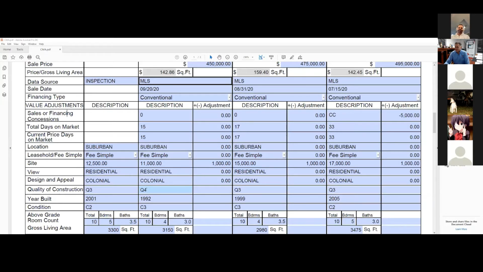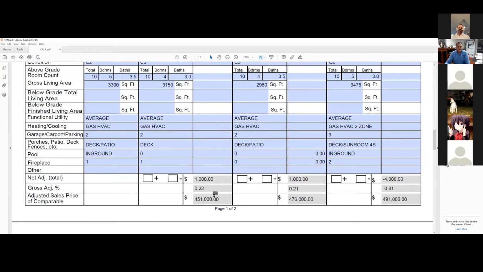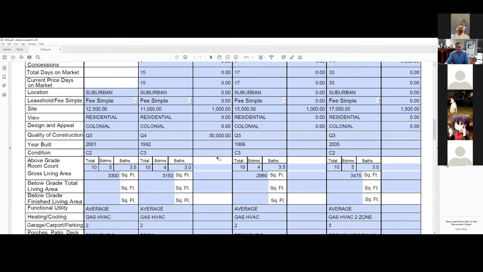So I'll use the middle range, which is 30. Now see the difference. For Q3 to Q4, when we put $30,000 here, it will calculate our adjustments. Nice. This way, you're not doing the calculation yourself; the software is going to do it for you.